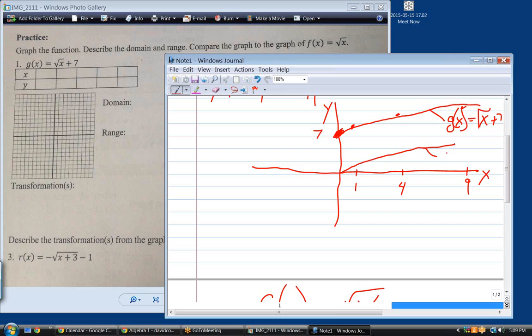This one down here is f of x equals just the square root of x. Okay? So let's talk about the domain of this function, the g of x function. Domain, what does domain mean?